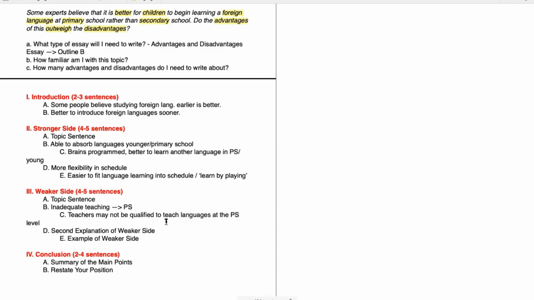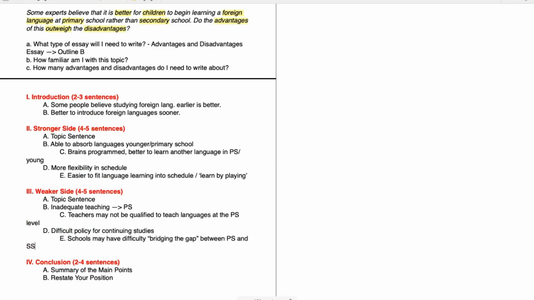This is just a thought. And the second explanation, I'll say that perhaps there could be difficult policy for continuing studies. What I mean by this, as an example, is that schools may have difficulty bridging the gap. This is a good phrase and perhaps something that I want to include in the passage. Bridging the gap between primary school and secondary school.